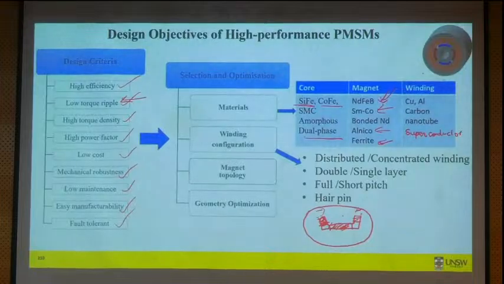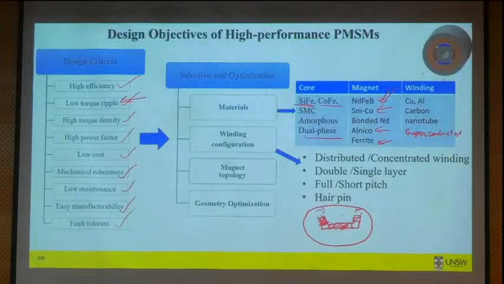And next are the windings. We could choose what type of winding to use, whether to use distributed or concentrated, right? We talked about whether to use double layer or single layer, whether to use full pitch or short pitch, or whether to use hairpin type winding. Okay, so these are your choices, and this choice could even become part of your optimization routine.